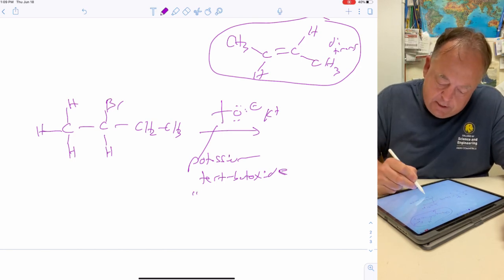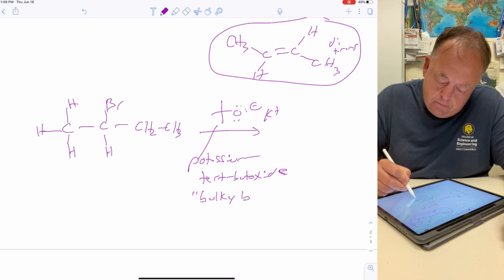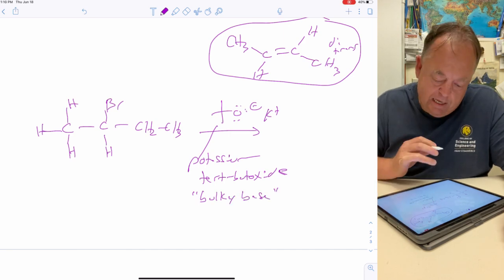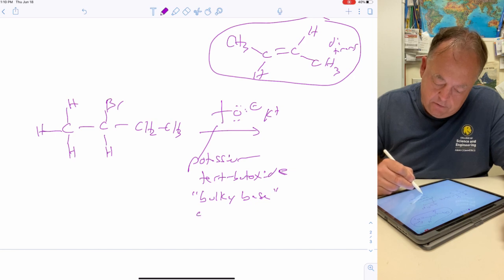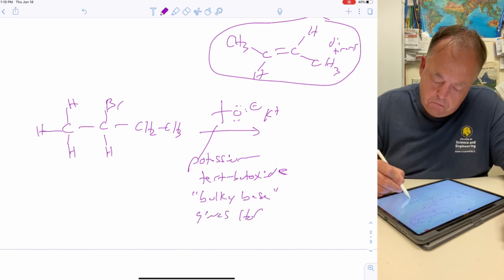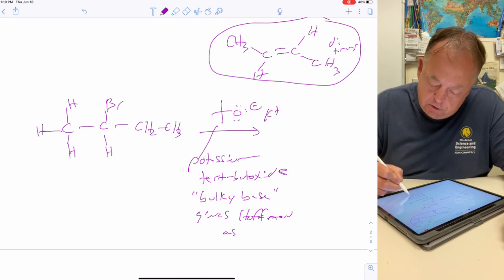This is what's known as a bulky base. Then this is going to give the Hoffman product as the major product.